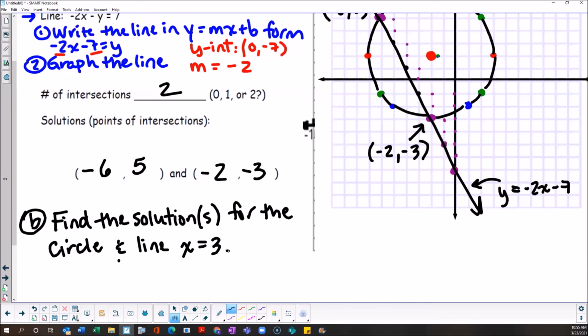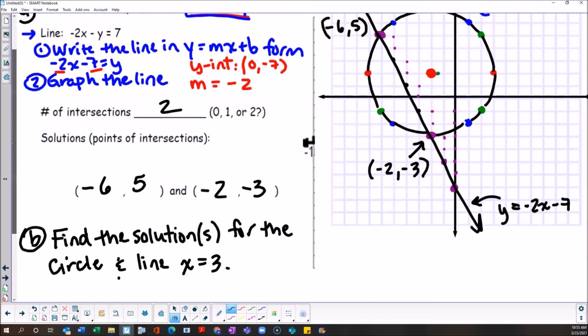Okay, so I'm adding part B to the problem. Another type of problem might say, find the solution or solutions, if any, for the same circle above and the line with the equation x equals 3. Those show up a little bit more often.